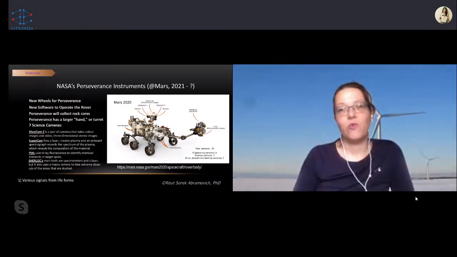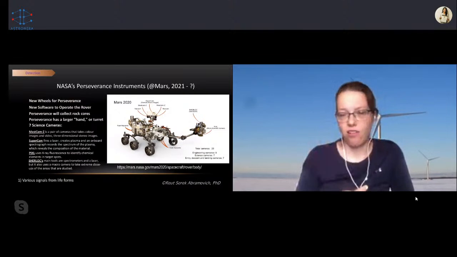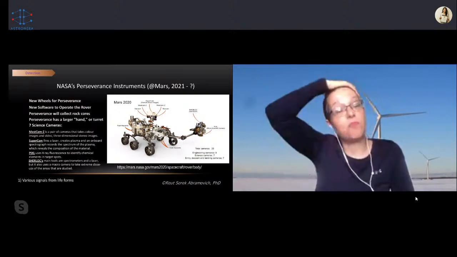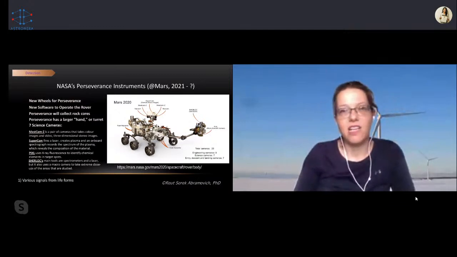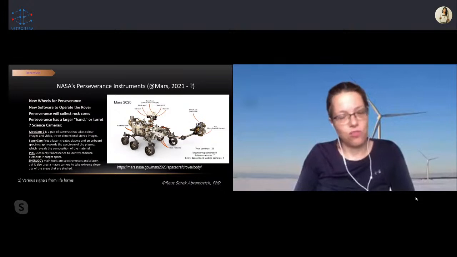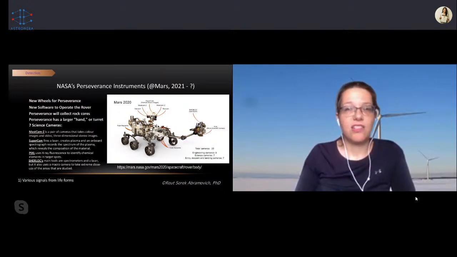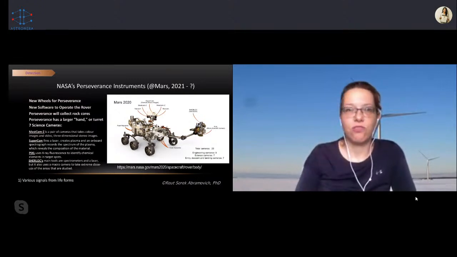Another option, which is more problematic, is what happens if they find that there are different layers of rock, and those different layers were perhaps constructed by stromatolites. Can I tell that only from looking at it? I'm not so sure. You need much more work done in order to ascertain that those were once a life form in Jezero Crater.